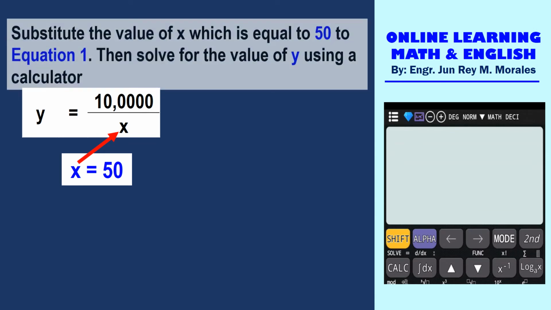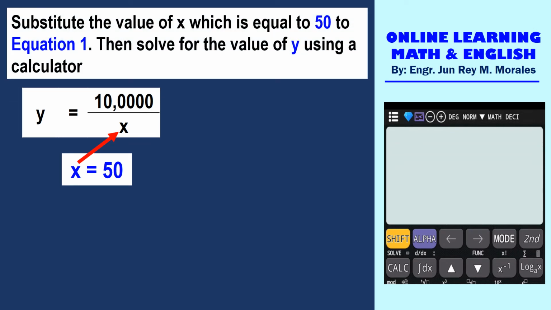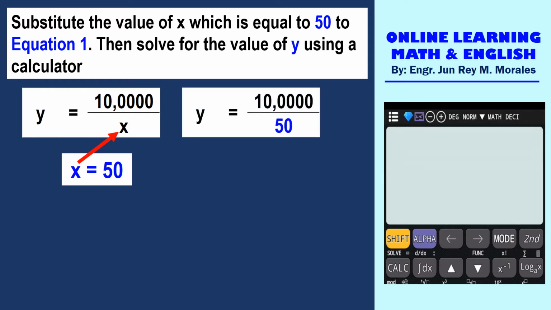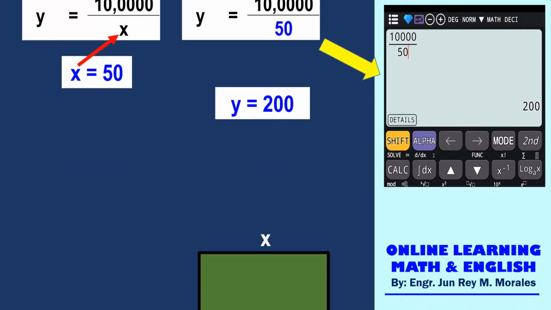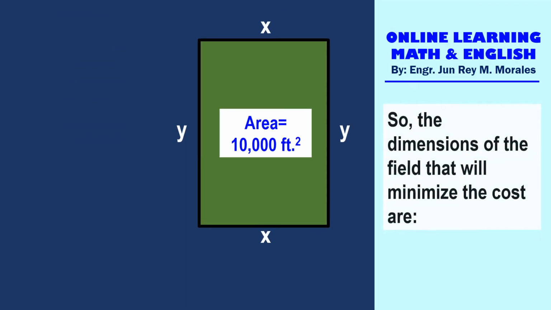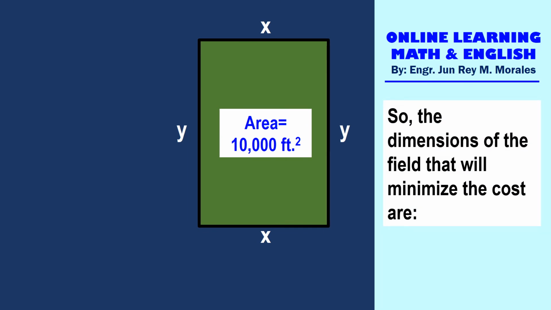Substitute the value of x, which is equal to 50, to equation 1. Then solve for the value of y using a calculator. So, the dimensions of the field that will minimize the cost are 50 feet and 200 feet.